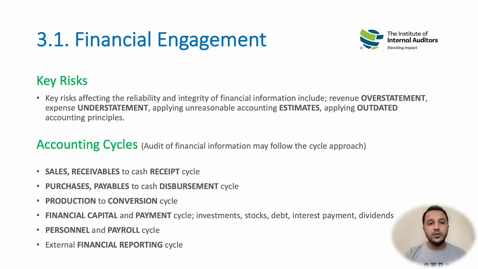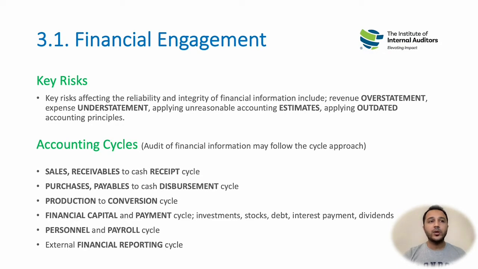So how they make all these statements could in itself be an audit engagement area. The internal auditor might not be doing a holistic review of the entire financial statement, because generally that is carried out by the external auditor.